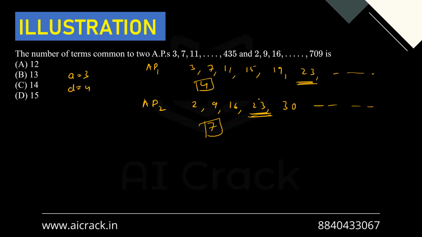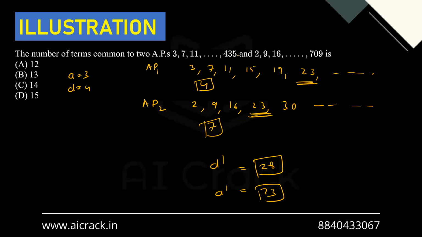So in the AP of common terms, we'll have common difference, let's say D dash, that would be 7 into 4, because LCM of 7 and 4 is 7 into 4, that is 28. So now the first term of the common AP is 23, and the common difference of the common AP is 28, right? Now we have to find out the number of common terms.